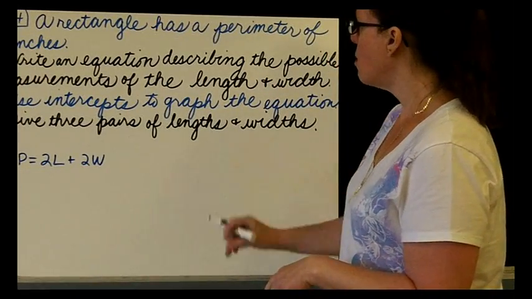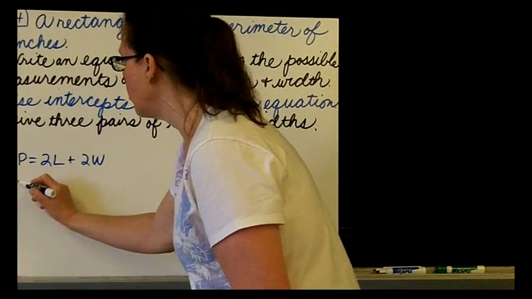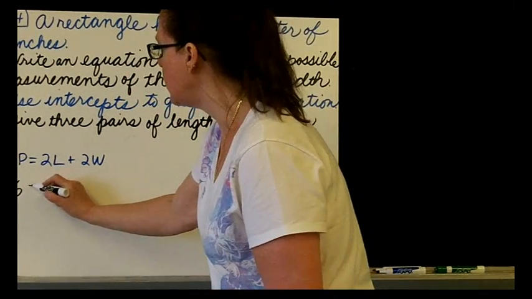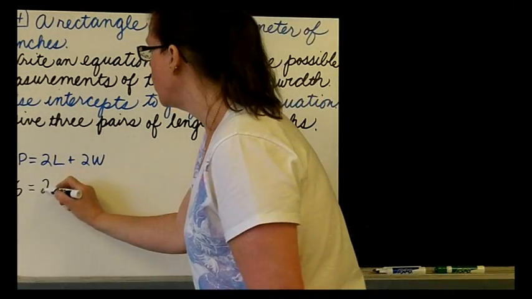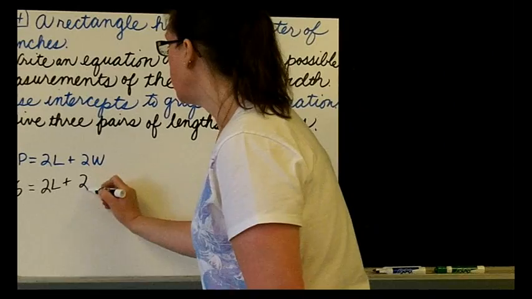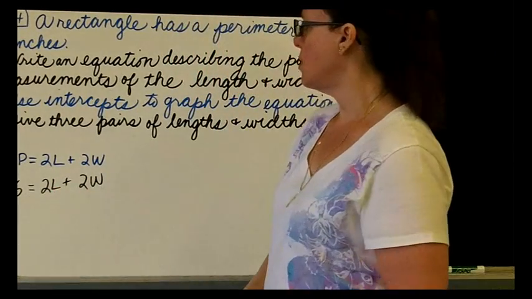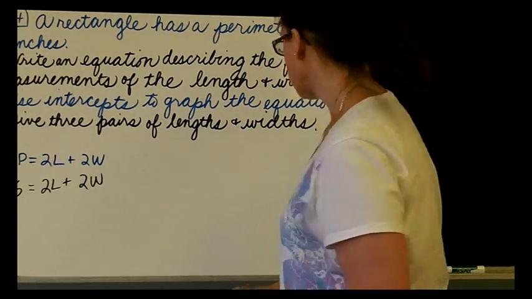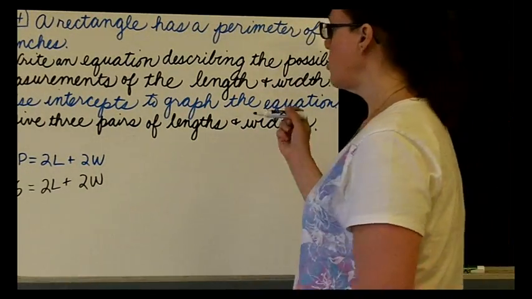Now for this problem specifically, instead of writing P for perimeter, we are going to insert 16 because we know that that's what the perimeter is. We don't know the length yet, nor do we know the width. So this is our equation. This satisfies part A.